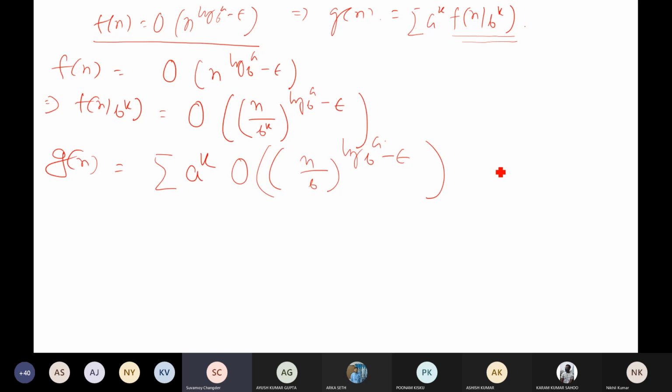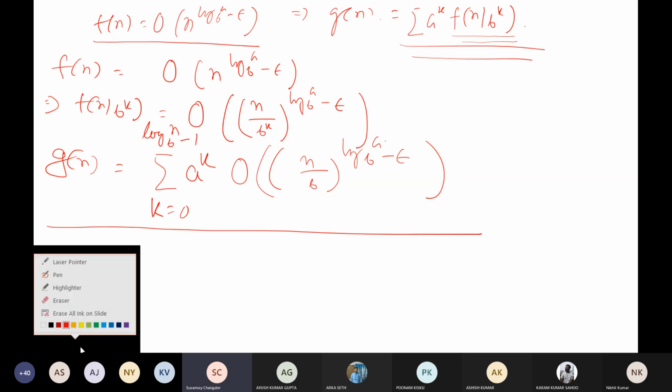Okay, this is g(n). We have just substituted the value of n by b to the power k. Here please write k equals log n base b minus 1. So g(n) is equals to this.